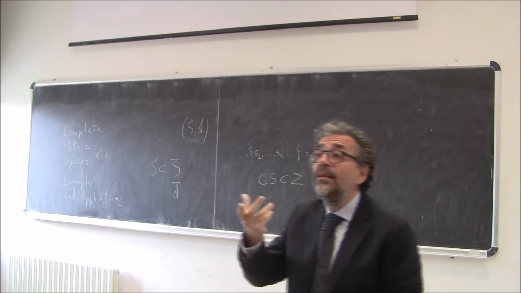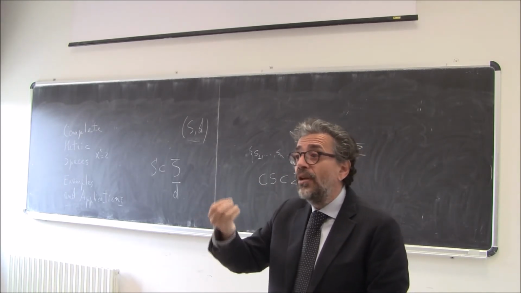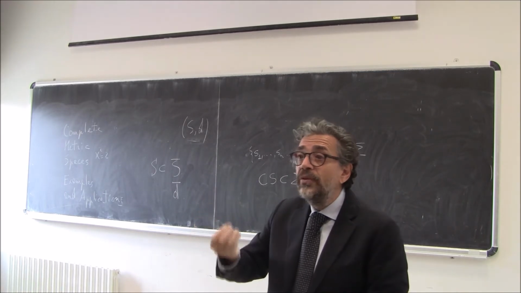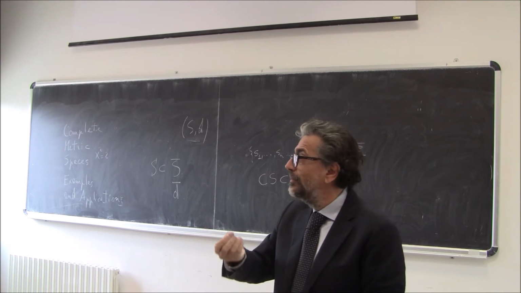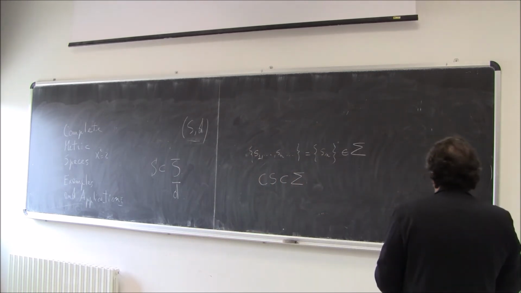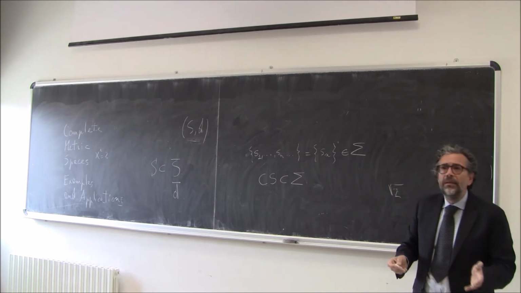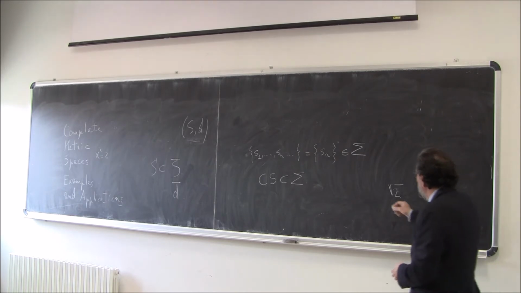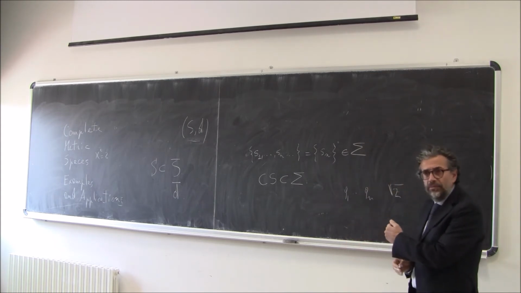How many Cauchy sequences of rational numbers are converging to a given real number? Many. Think about square root of 2. I can build a sequence Q1, Qn approximating from below.